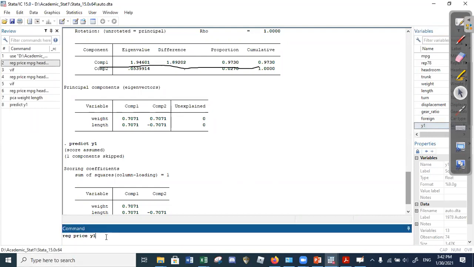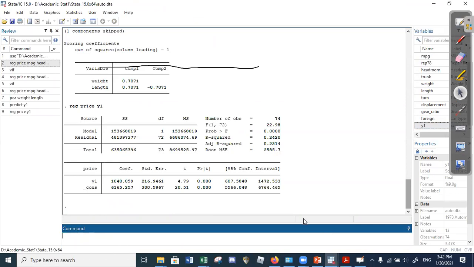For the time being, if I just put y1 over here, in pure terminology, this type of regression, in which I am regressing the dependent variable y on the newly created variable that we call PC, in strict sense, this particular regression that you see on the screen is then called the PC regression. Why is it called the PC regression? Because you are regressing the dependent variable on the newly created combined variable that we call y1.